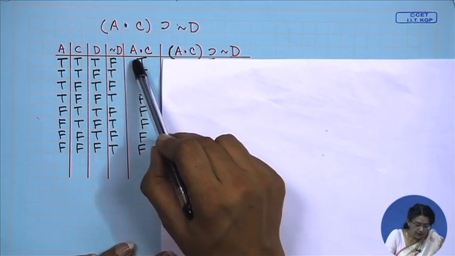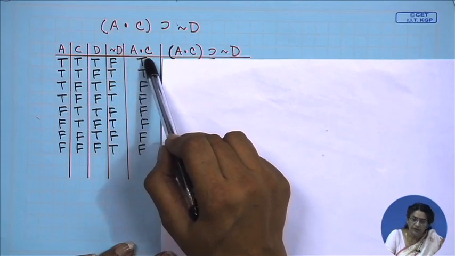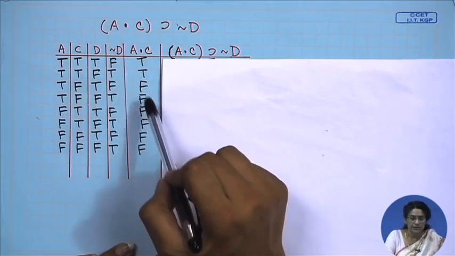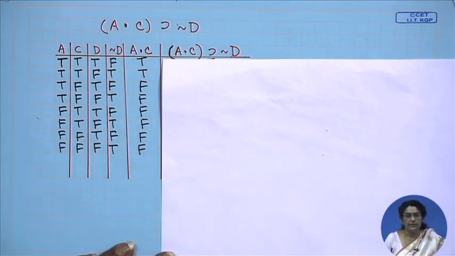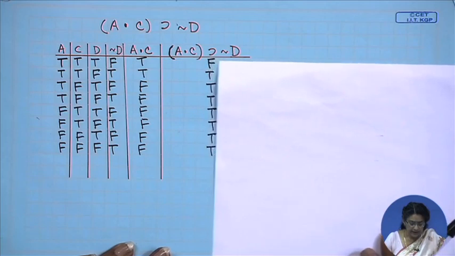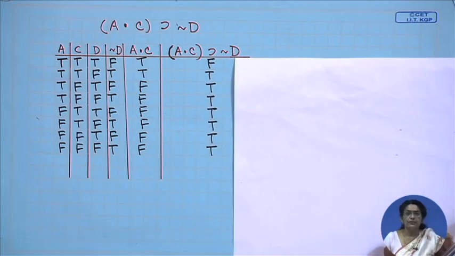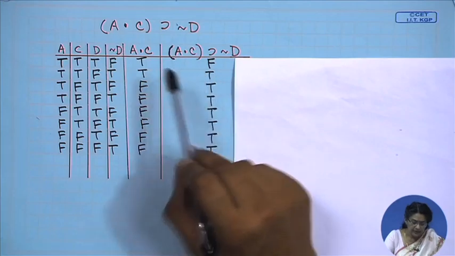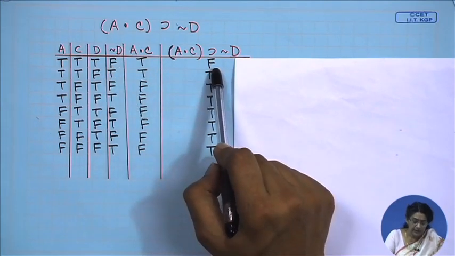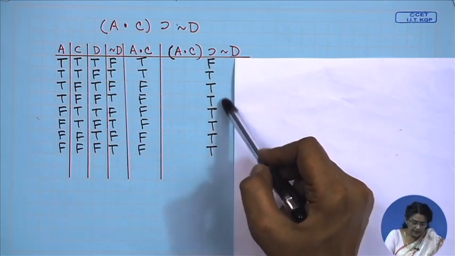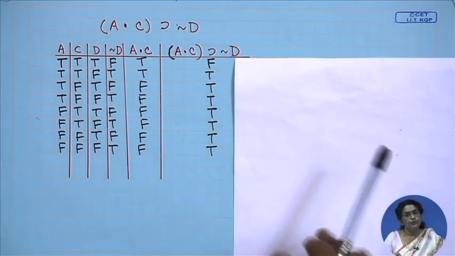So, if you find a row where A dot C is true, but tilde D is false, that is when this horseshoe is going to be false. Otherwise, in every other case this is going to be true. If you have done it correctly, then this is how this column is going to look. This is the only time A dot C is true, tilde D is false, and this is when you have the F. Otherwise, in every other case it has to come out to be true.